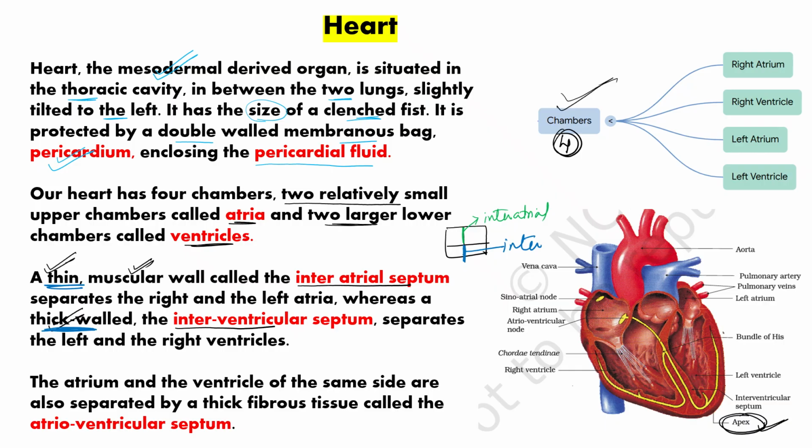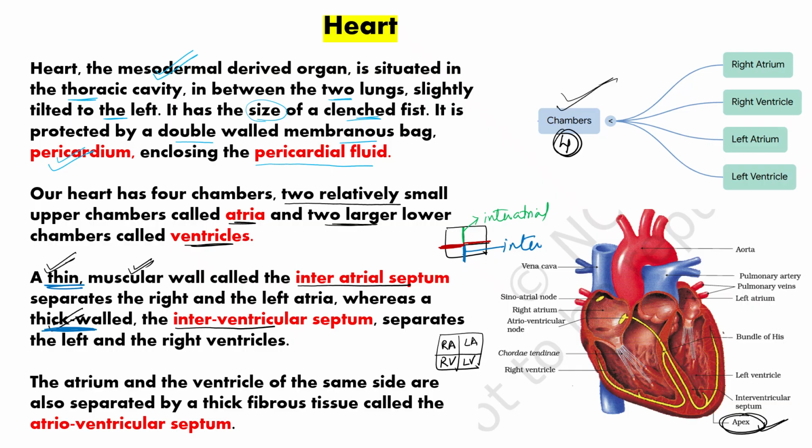And on both sides, between atria and ventricle, there is also a partition that is known as atrioventricular septa. The total septa, let us revise once again. If you see the diagram, let me draw it once again. Check here carefully. We can draw this partition, and this is the left atria and this is the left ventricle. This is the right atria and this is the right ventricle.